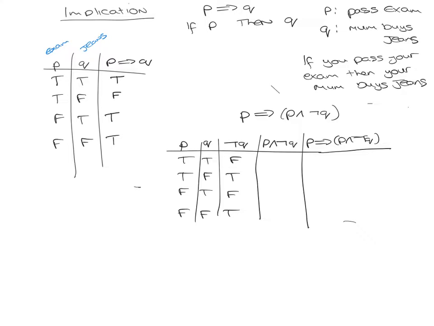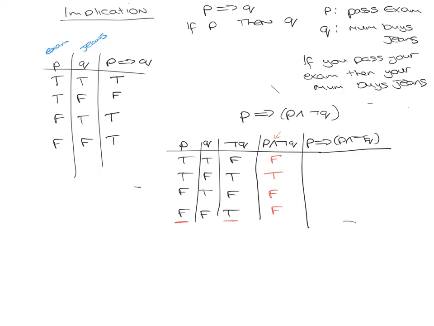And remember, this symbol is and, so for this to be true, P and not Q have to both be true. So we've got true, false, so that's false. True, true, so that's true. False, false, so that's false because they both have to be true. And false, true is also false.